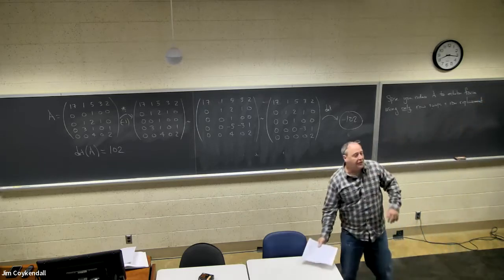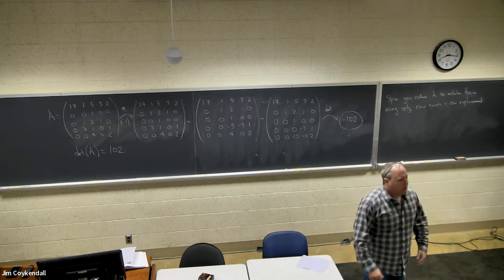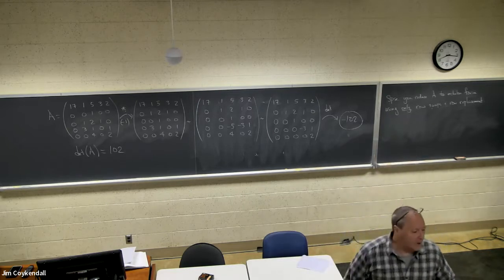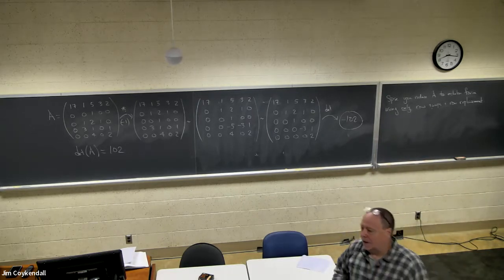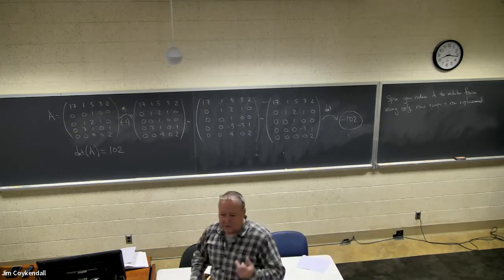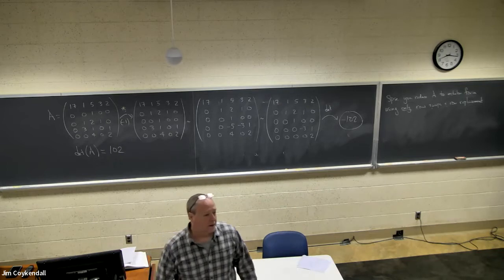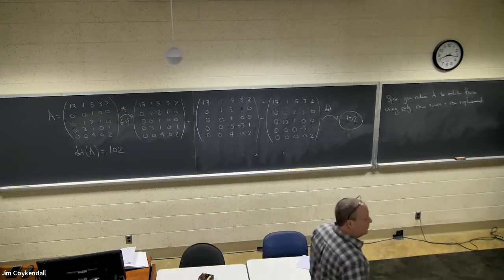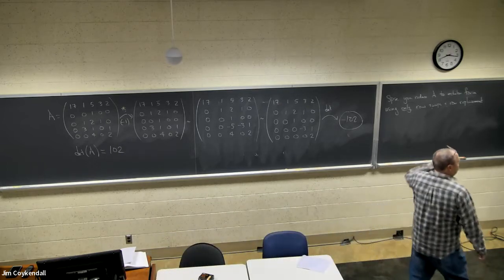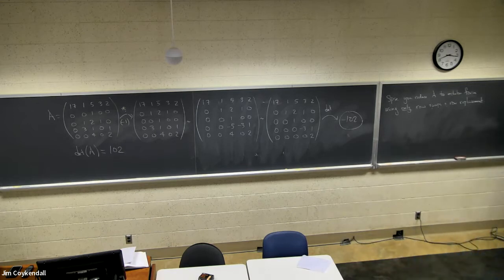Let me point out that this can always be done, because the reduction operation I've left out is multiplying any row by a constant. You don't ever need that, because if you can swap rows and add a multiple of one row to another, you can always bring it to upper triangular form.